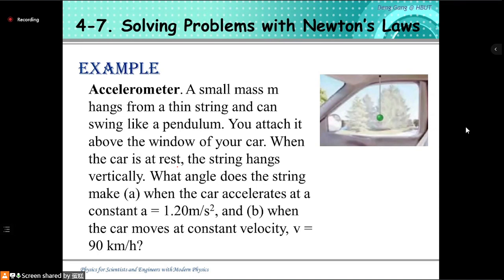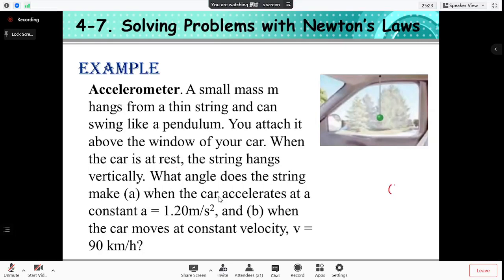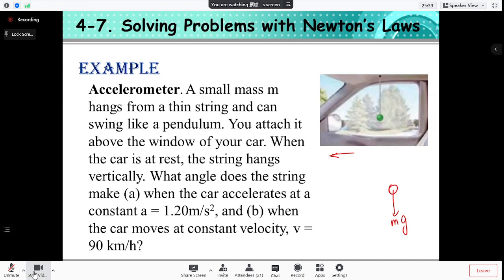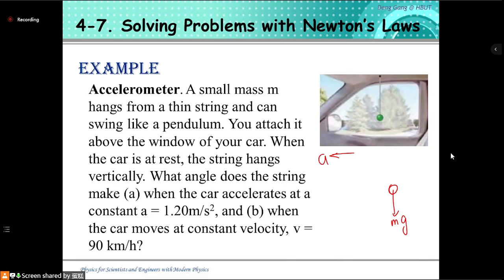So in order to produce a force component in the horizontal direction, let's see, okay, this is the ball. This is the mass, the gravity due to the mass, right? And because the car is moving, let's say, to the left with acceleration a, the ball also moves to the left.